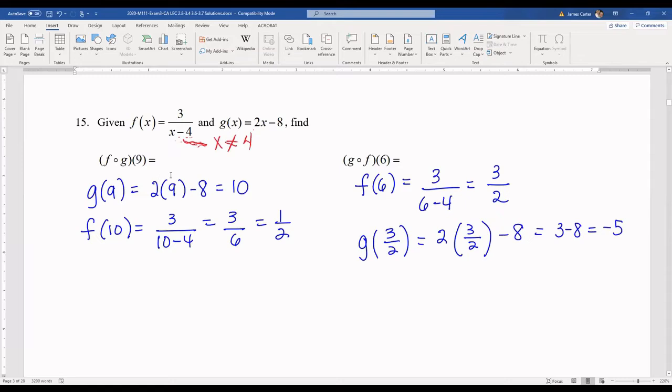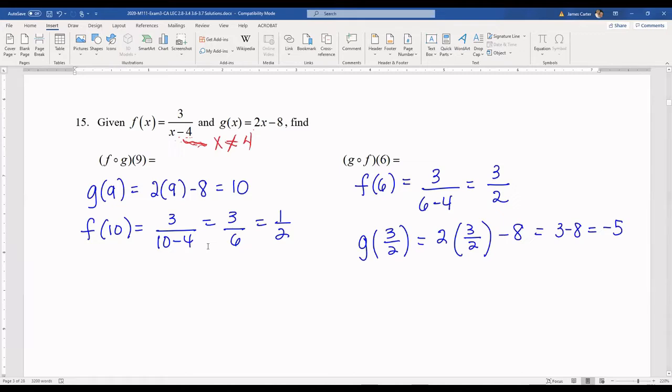So g of 9 is equal to 10. So then I replace that 10 sequentially into the f equation right here. Simplify it, and you get 1/2.